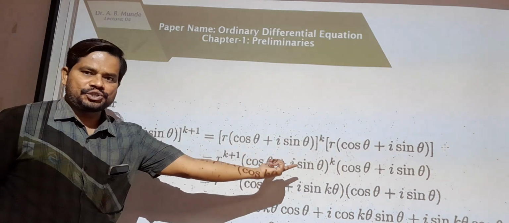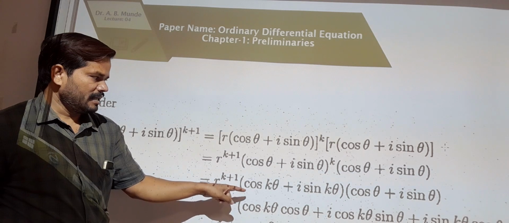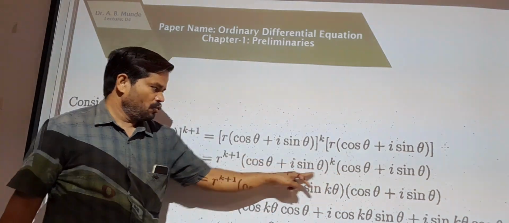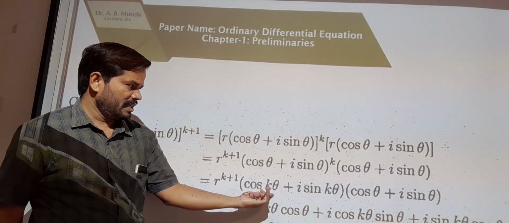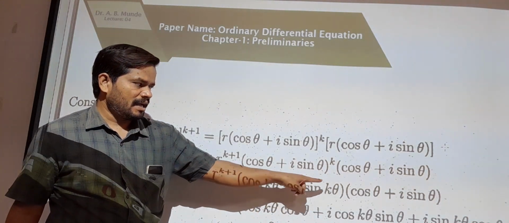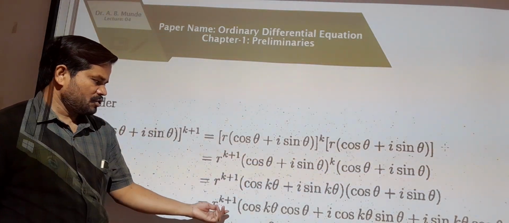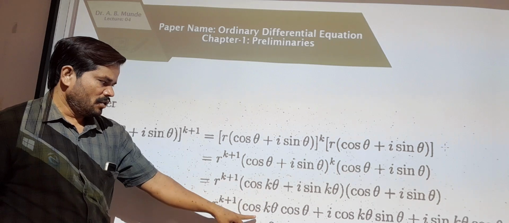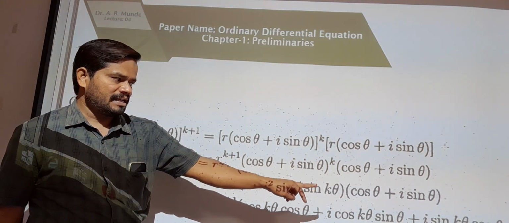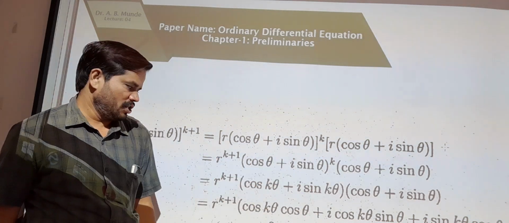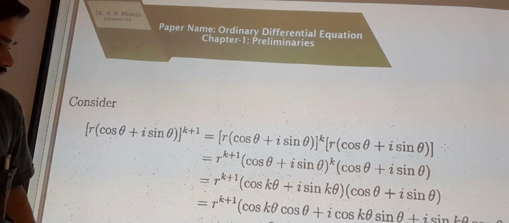Now you can multiply these two brackets, we get r raised to k plus 1 in bracket. You can multiply this cos theta plus i sin theta to each and every term of the first bracket, we get cos k theta plus i sin k theta, into cos theta plus i sin theta. So this is equal to r raised to k plus 1, multiply this out, we get cos k theta cos theta plus i cos k theta sin theta plus i sin k theta cos theta plus i square sin k theta sin theta.